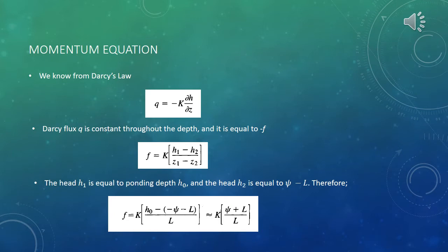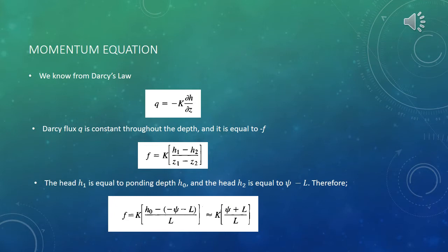The head H1 is equal to the ponding depth H0, the water depth on the surface, and the head H2 is equal to the suction head minus the depth, which is the gravity term. Substituting all these terms, F is equal to K times H0 minus suction head minus L, over L, the depth of infiltration from ground to wetting front.